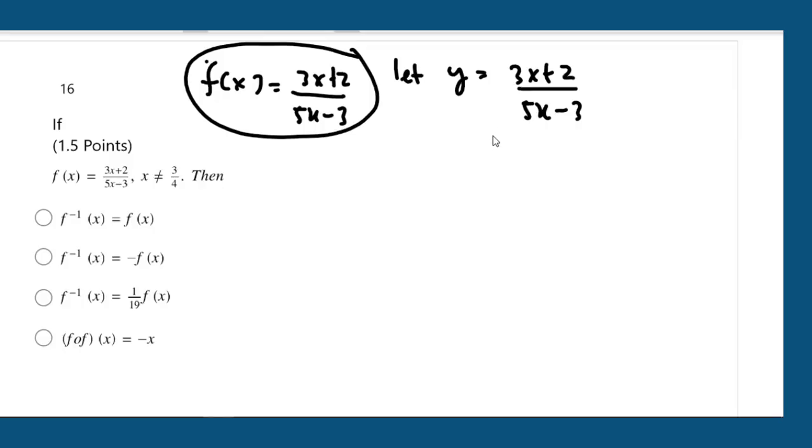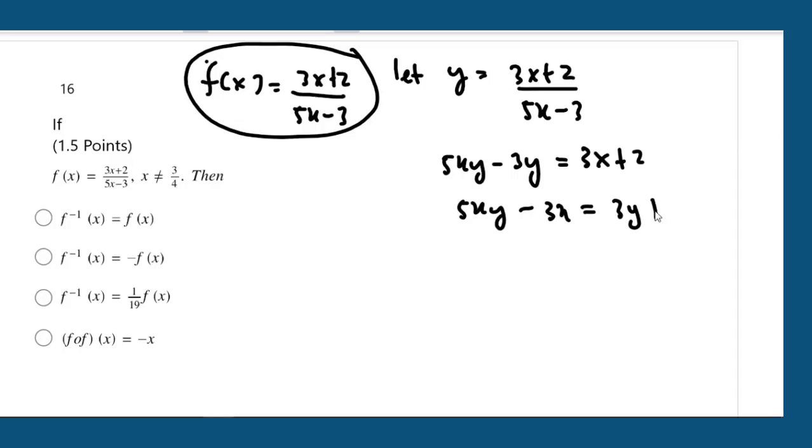Since this one is objective, we don't have to follow all the steps. Your aim is just to write x as the subject. So 5xy minus 3y is equal to 3x plus 2. Bring 3x to the left and 3y to the right.